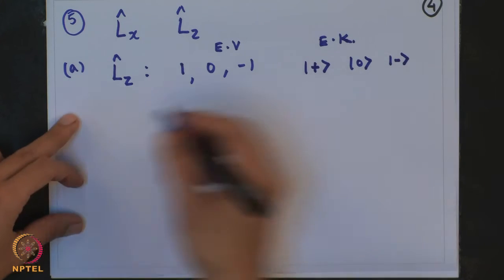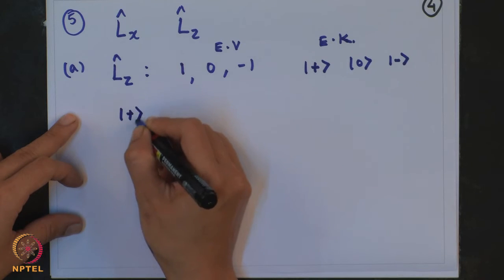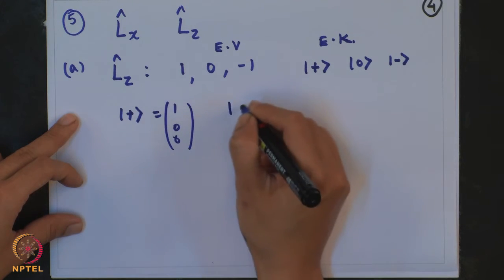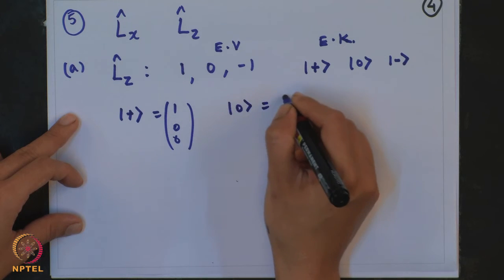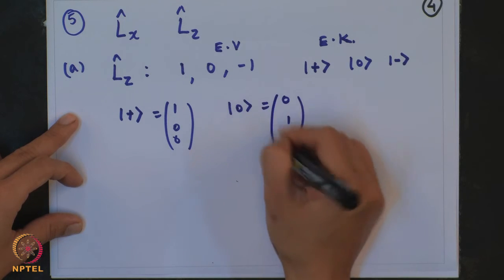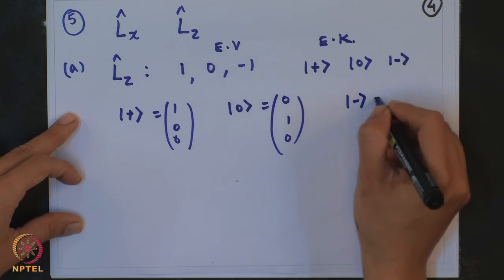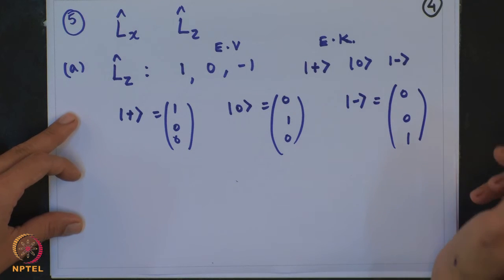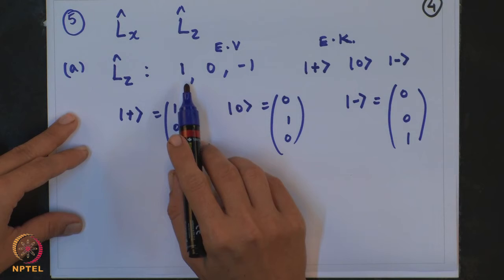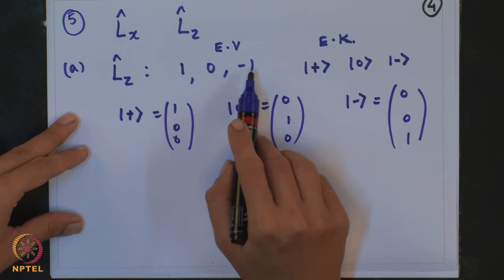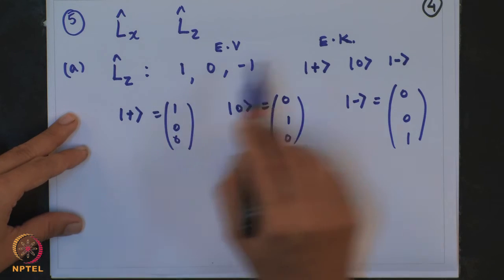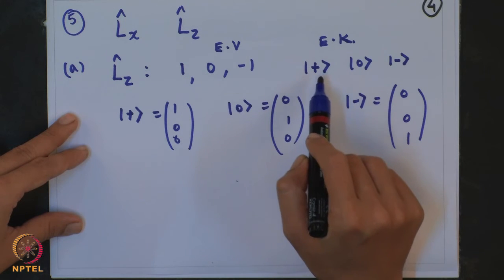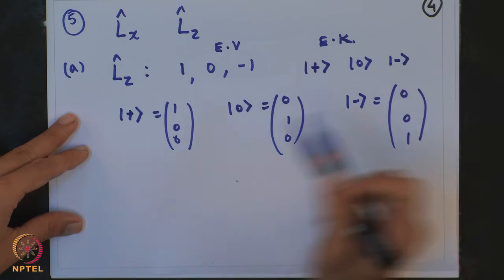Here plus is (1, 0, 0), the standard basis, and minus is this. So, the eigenstates of Lz are plus, 0 and minus, with eigenvalues 1, 0, minus 1.